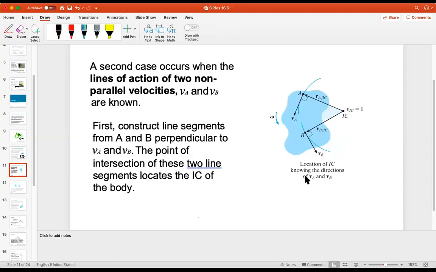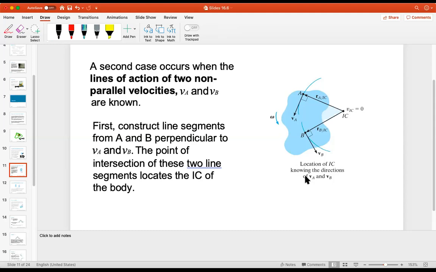All right. Another way of finding it, and this is actually the way I suggested in my hand-drawn picture. If you know the velocities at 2 points, or actually, if you know the directions of the velocities, you don't actually have to know the velocities. You just have to know the directions of the velocities.